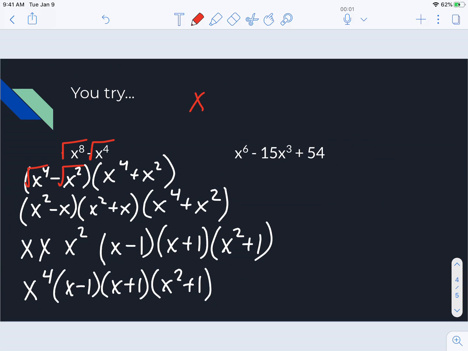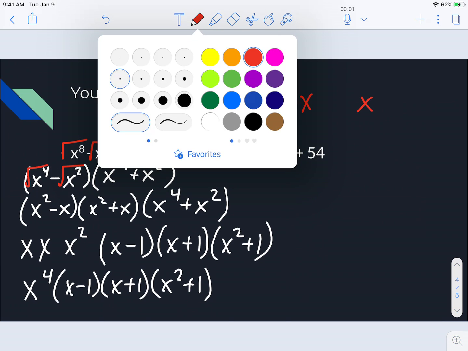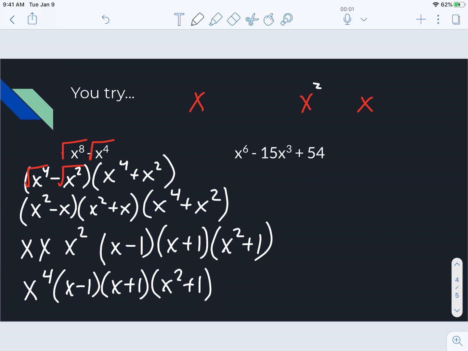Okay, so the next one. Let's see, we want this to be x squared. This is way more convenient if it's x squared minus 15x plus 54, and for that to work, that red x needs to be an x cubed, and that works because x cubed squared is x to the 6th. So x cubed is our substitution.